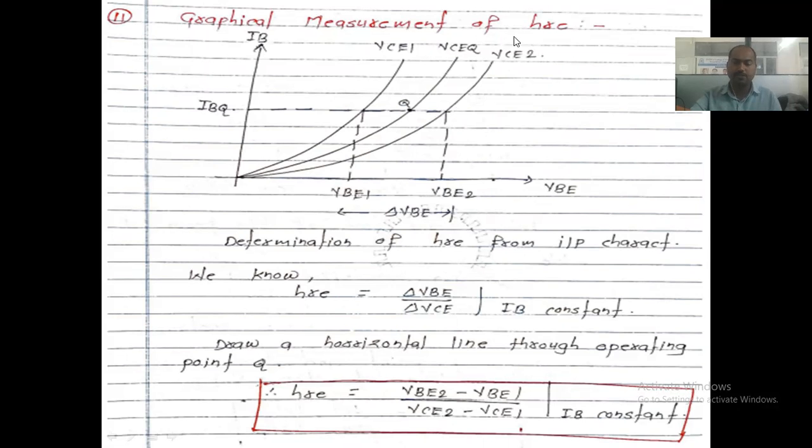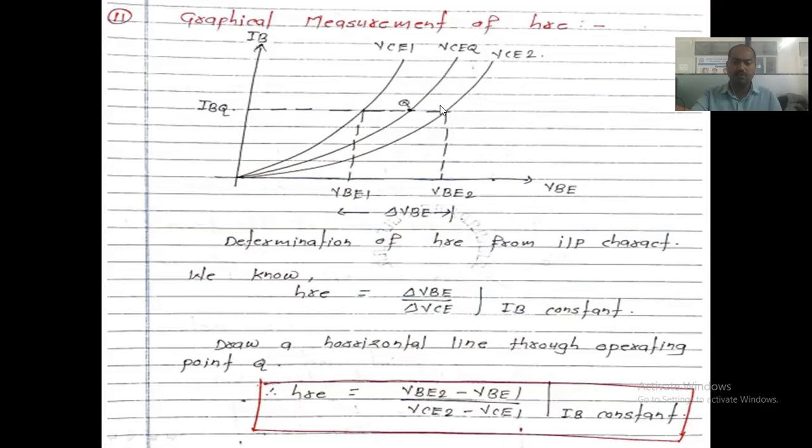So for that purpose, we require the input voltage to the output voltage. We know that input indicates VB. So we take VB2 minus VB1 divided by the output voltage. Output voltage indicates VC2 minus VC1, with the base current taken as constant.